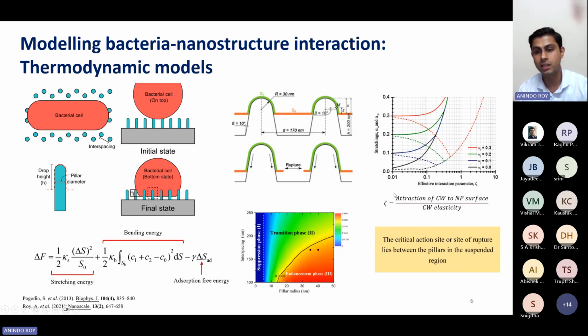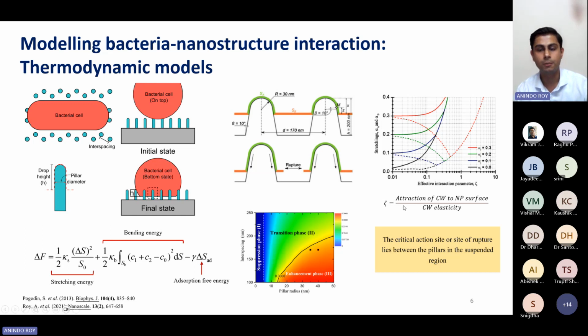And if we do that, we can plot the stretching degrees against something called the effective interaction parameter, which is basically the ratio of attraction of the cell wall to the nanopillar surface, or how aggressively they will adsorb onto the nanopillar surface, to the cell wall elasticity, or how rigid or robust your cell wall is, how much it can stretch before it undergoes rupture.